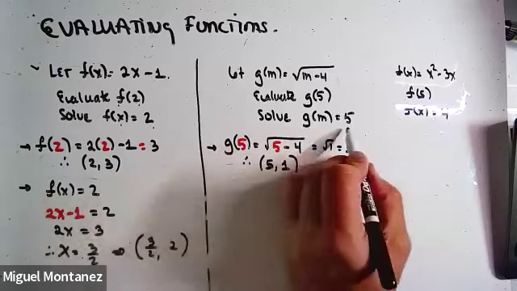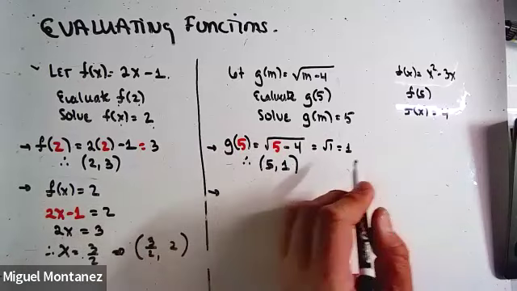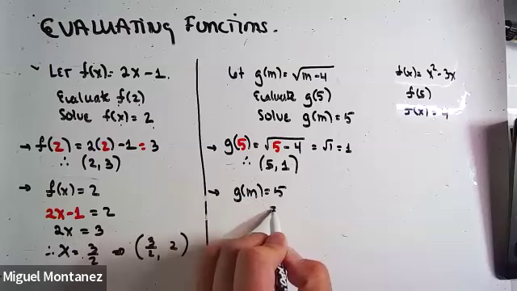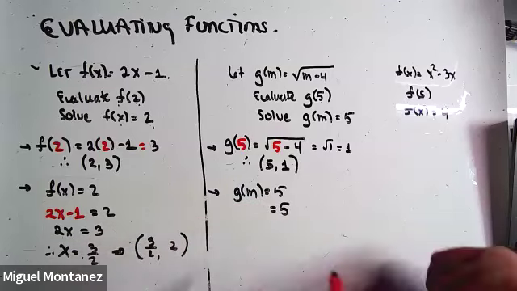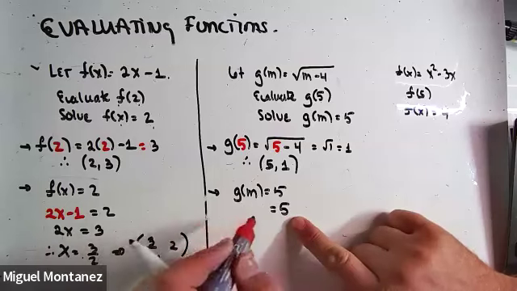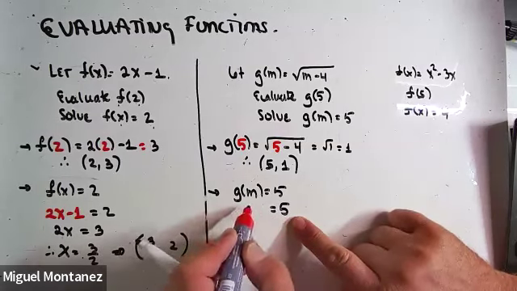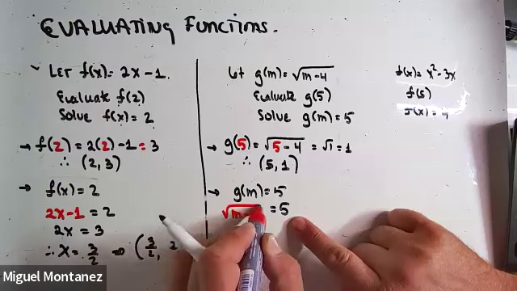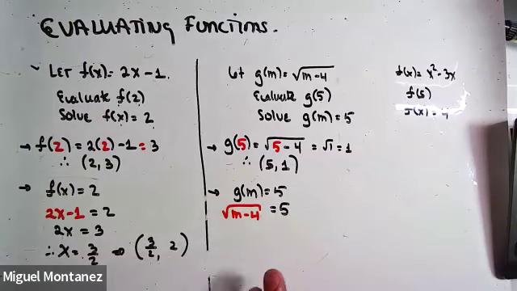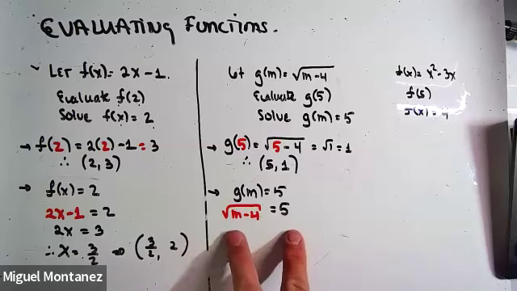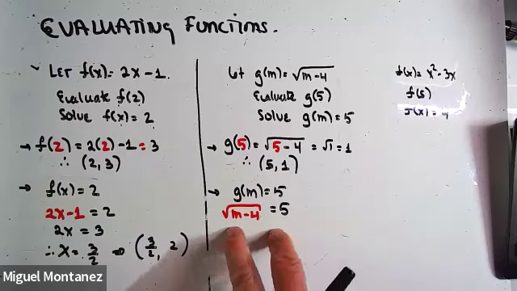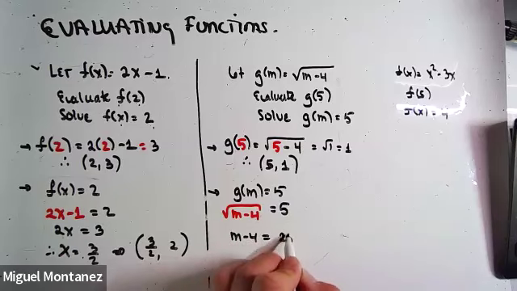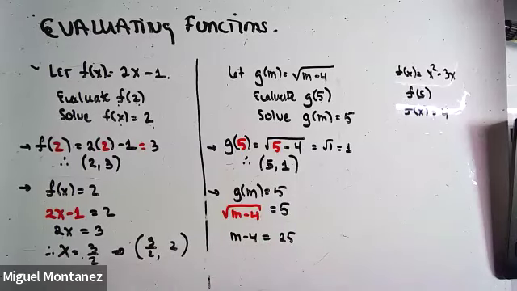Or we are solving g of m equals 5. So for what values of m does the square root of m minus 4 equal 5? As in sections 2.5 and 2.6, we may square both sides, so m minus 4 equals 25.